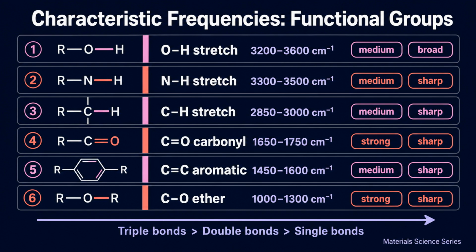The strong carbonyl C=O double bond stretch appears at 1,650 to 1,750. Aromatic C=C ring stretching shows at 1,450 to 1,600. CO single bond stretching occurs at 1,000 to 1,300. Triple bonds absorb at higher frequencies than double bonds, which absorb higher than single bonds.